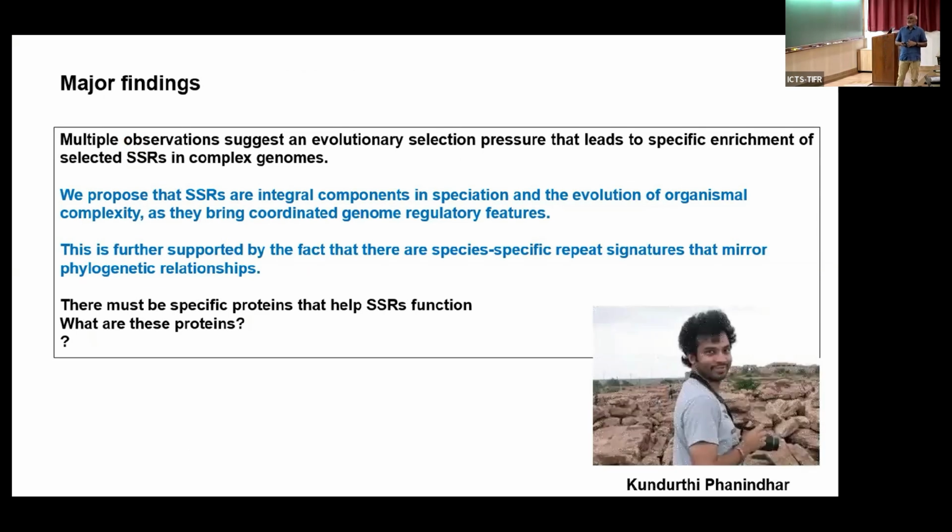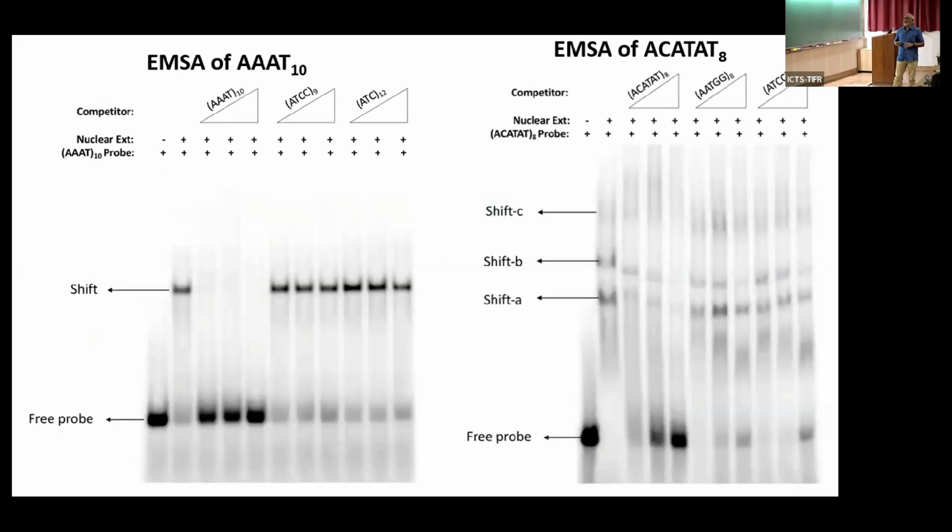I will just take 2 minutes to tell how these repeats then function. Maninder is here, his poster is there, so I can go even faster. There must be some protein which binds; DNA by itself doesn't do anything. Maninder has done lots of gel shifts, and they come up with repeats which show specific binding.